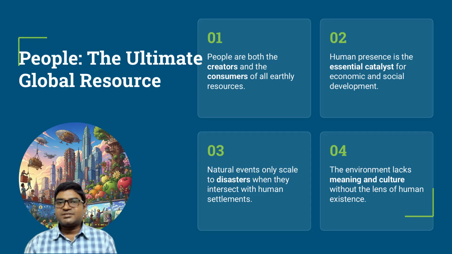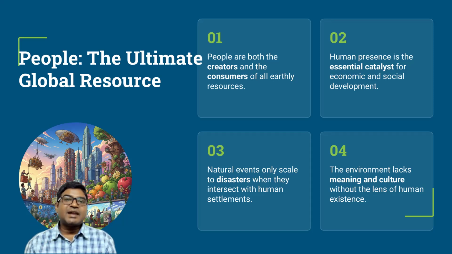The natural events that occur regularly can be called disasters only when they intersect with human settlements, when they affect human settlements and create some disturbance in that region. That is when we call it a disaster.